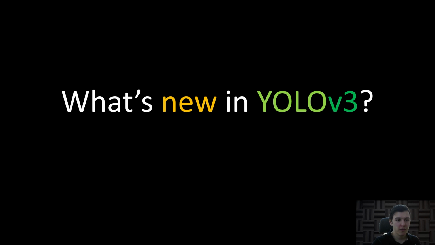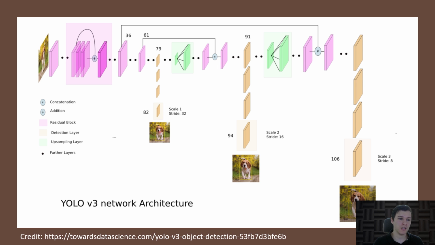The major difference, I would say, is in the architecture. The original YOLO outputted a single grid of 7 by 7. We'll ignore everything at the top here for now, and let's just focus on these three right here.